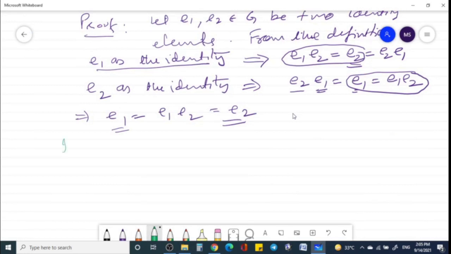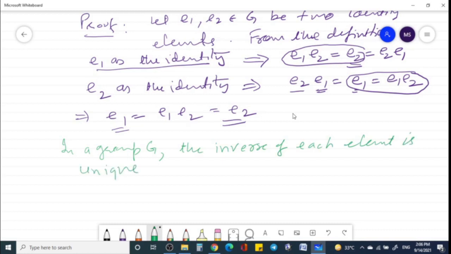So in a group G, the inverse of each element is unique in G. So let A belonging to G be any element, and B and C act as its inverses.